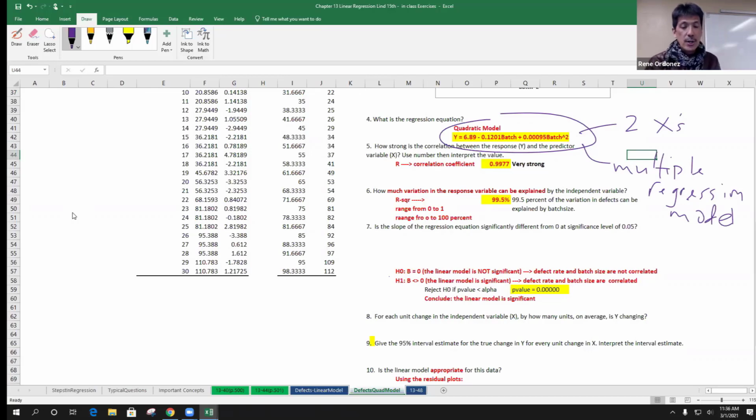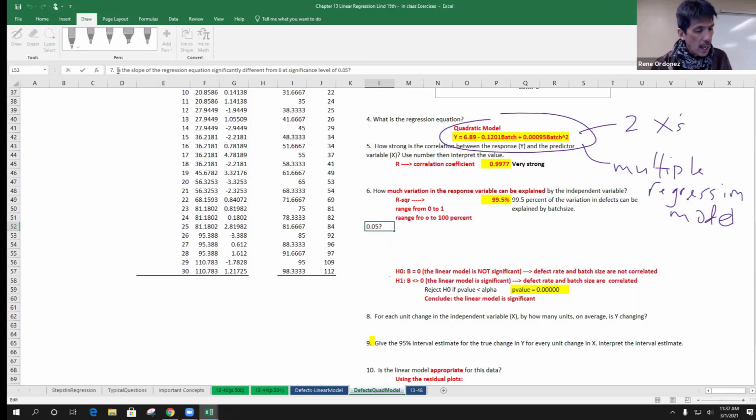Okay, so because there are 2 predictor variables in multiple regression, when we do this question, is the slope of the regression equation significantly different from 0? We can actually revise this to say, are the coefficients of the independent variables all equal to 0?